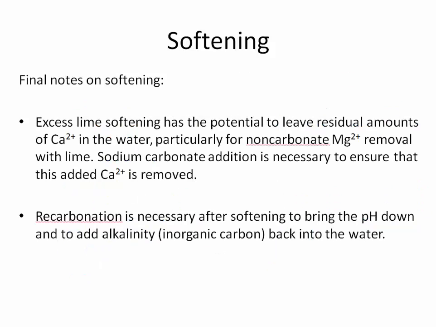So in discussing softening, it's important to understand that excess lime softening has the potential to leave residual amounts of calcium in the water. This is particularly true when non-carbonate magnesium removal is performed with lime. The second point to excessive lime softening is to appreciate that you have to raise the pH to greater than 10.3, and if you're doing magnesium removal, around 11.